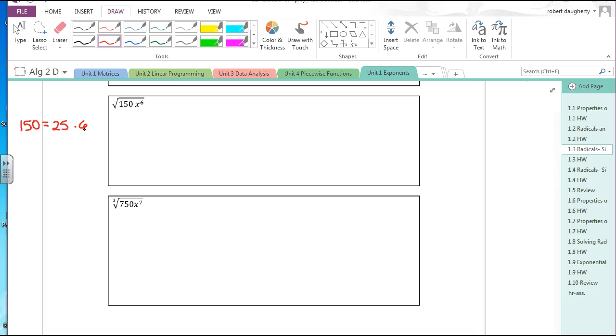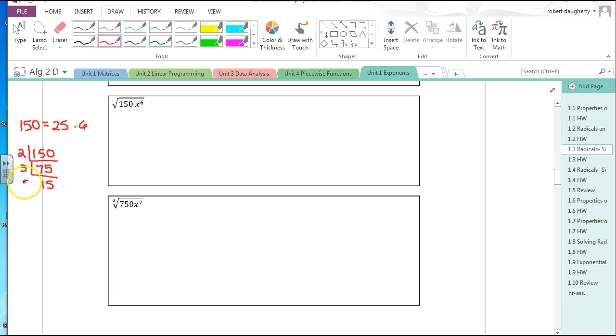If I don't recognize that, just do what we did a moment ago. 150, that's an even number. I divide it by 2 and I get 75. 75 is not an even number, but it is divisible by what? Yeah, it ends in a 5. Let's divide it by 5. So 5 times 15 is 75.